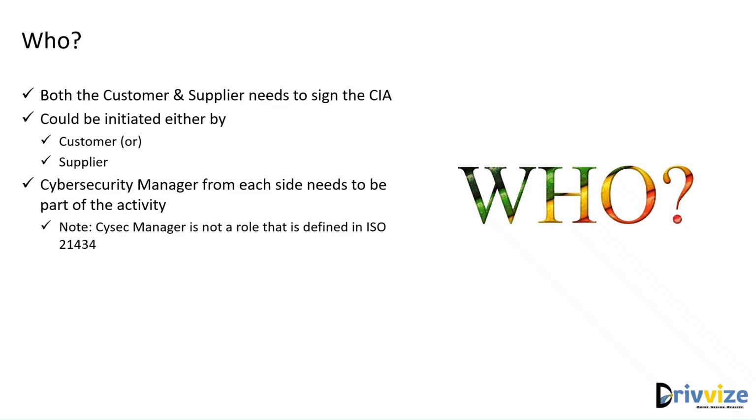So typically the initiation of this CIA could be done either by the customer or the supplier, but in most of the cases what we have seen is that the supplier initiates the CIA at the RFQ stage itself, the request for quote stage, so that they agree upfront with the customer on the work products that they will be talking about. But that's for another slide. It could be anyone from the customer or the supplier side, but most of the time we have seen that it is the supplier.